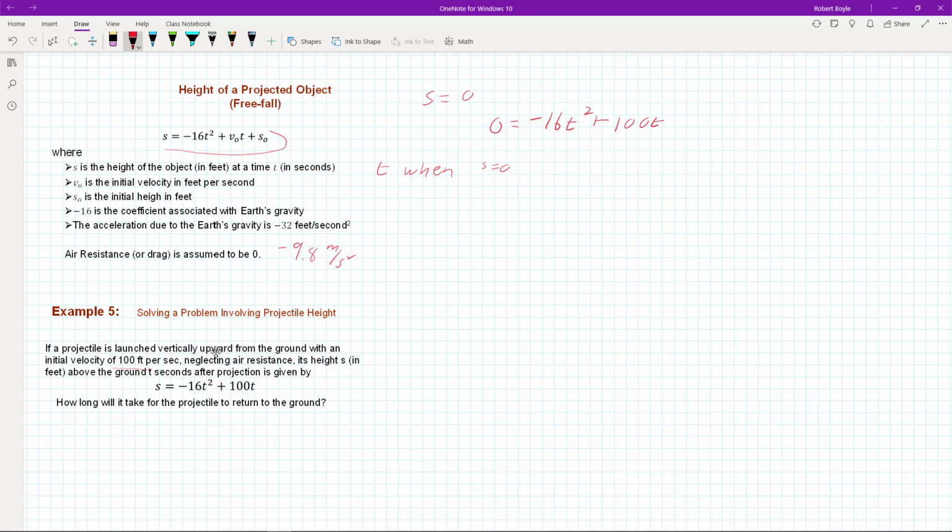Now, a problem like this we can solve by factoring. And of course, notice here the values both have common factors of 4, and they both have common factors of t. As a consequence, we can write this as 0 is equal to 4 times t times negative 4t plus 25.